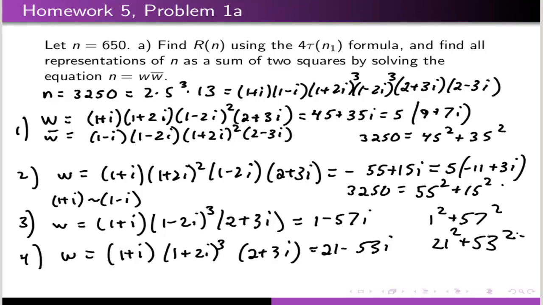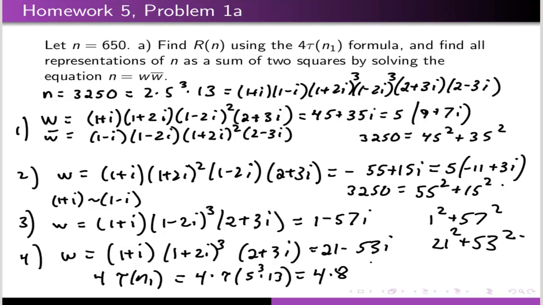And let's see, does that coincide with the total number? The total number should be 4 times tau of n1. So n1 is 5 cubed times 13. So 4 tau of n1 is 4 times tau of 5 cubed times 13, which is 4 times 2, 8.